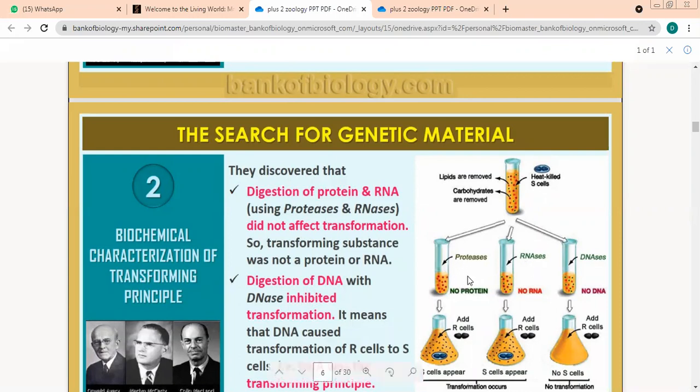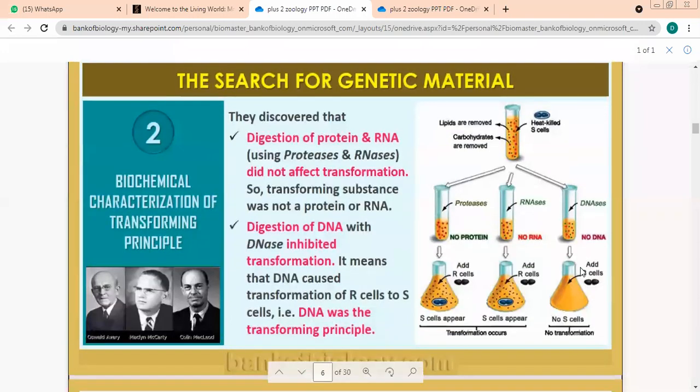So proteases, look here. For RNA, we'll use RNases, and for DNA, we're going to use DNases. Digestion of DNA with DNase over here. When we added proteases, we saw that S cells still appear.